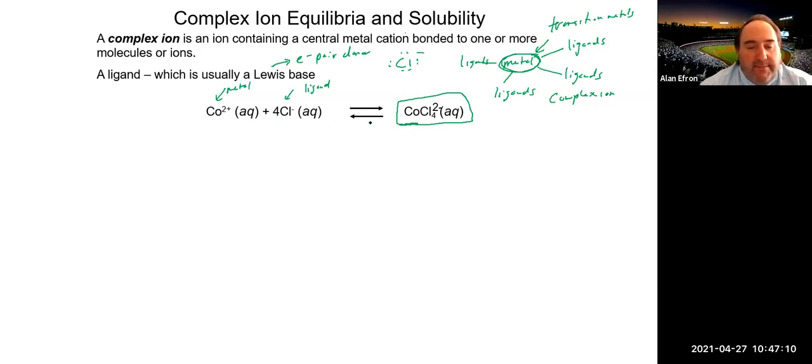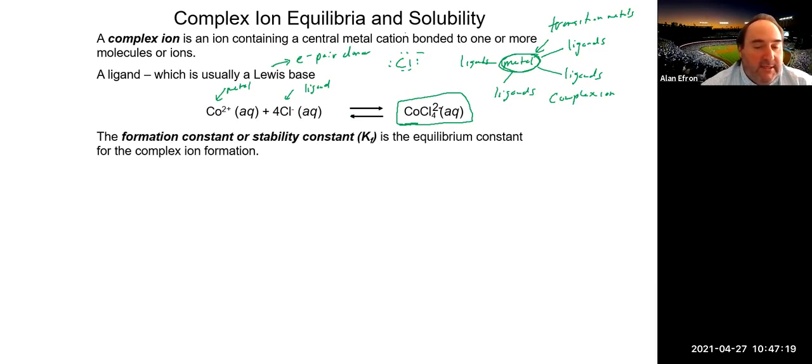So it does set up an equilibrium, and this equilibrium is what is known as Kf. And this is the formation constant. And this is basically the equilibrium constant for this complex ion. Even though it's Kf, it is done exactly like everybody else, except it kind of looks a little messed up there.